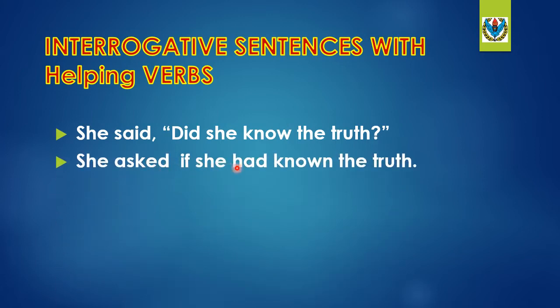She asked if she had known the truth. Look at the changes that have been made. Said is replaced with asked. We use if to join the two speeches. We change the tense. There was past indefinite. We changed it into past perfect. And we removed the inverted commas, and we replaced the question mark.